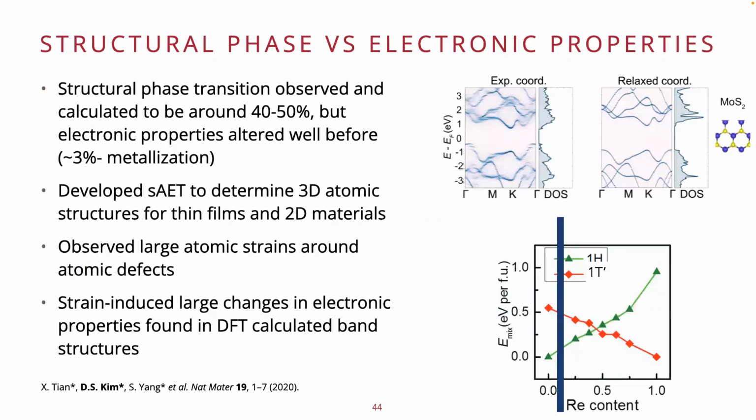You can get around a structural transformation at around 40 to 50% doping, as you would expect in simulations. But what we found is that the electronic properties change dramatically sooner, with low levels of doping. We saw that we can get large atomic strains around atomic defects, and that we can now take these atomic coordinates and pipe them into electronic structure calculation methods to study materials this way.